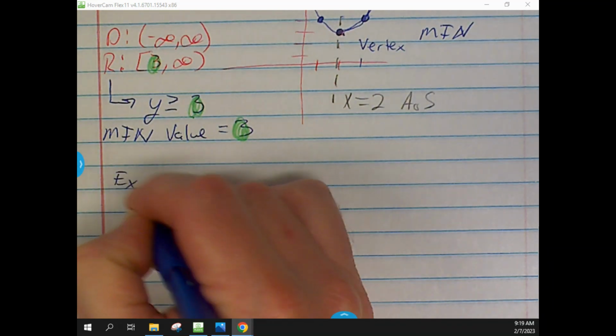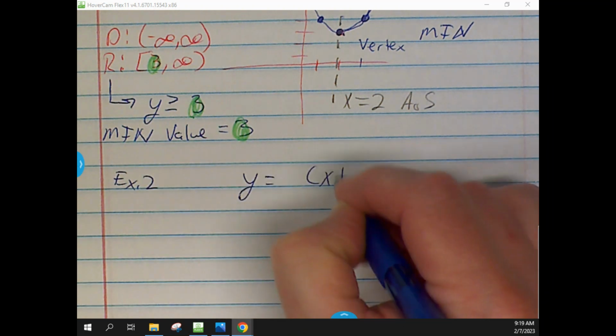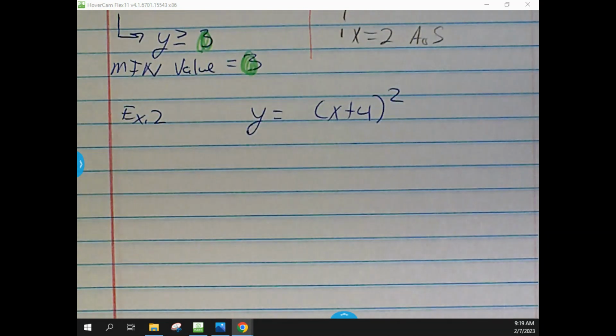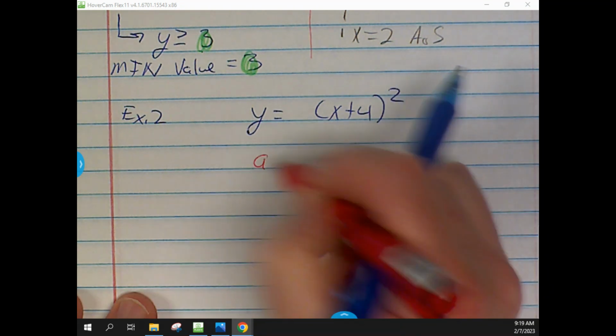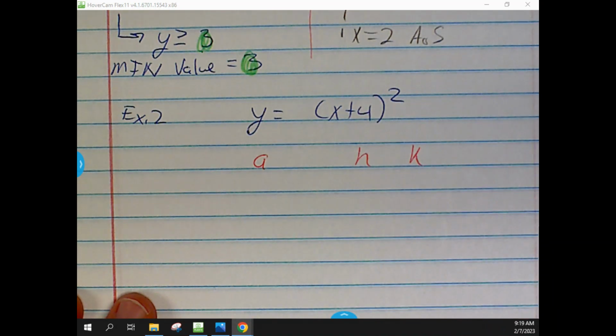All right, let's do something where you've got to think a little bit. All right, so number 2, let's do y equals (x plus 4) squared. All right, so we've got to figure out what a and h and k are.